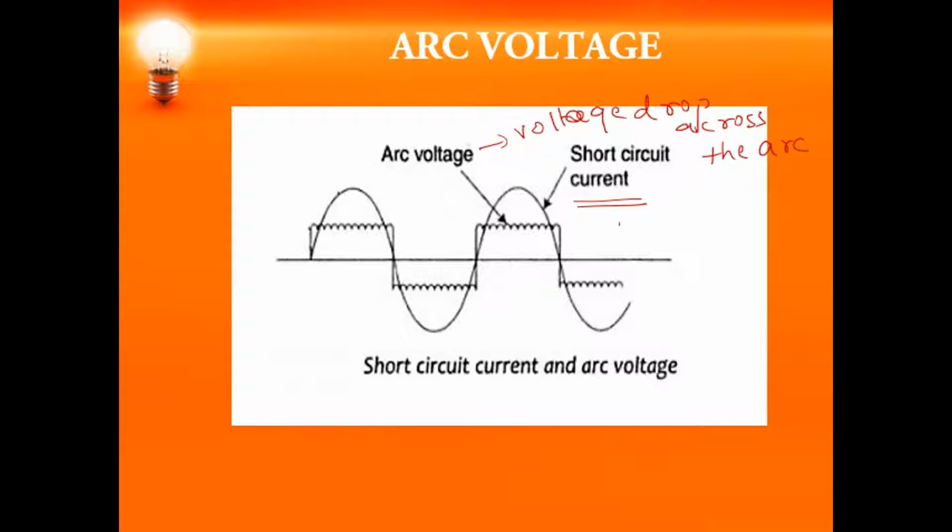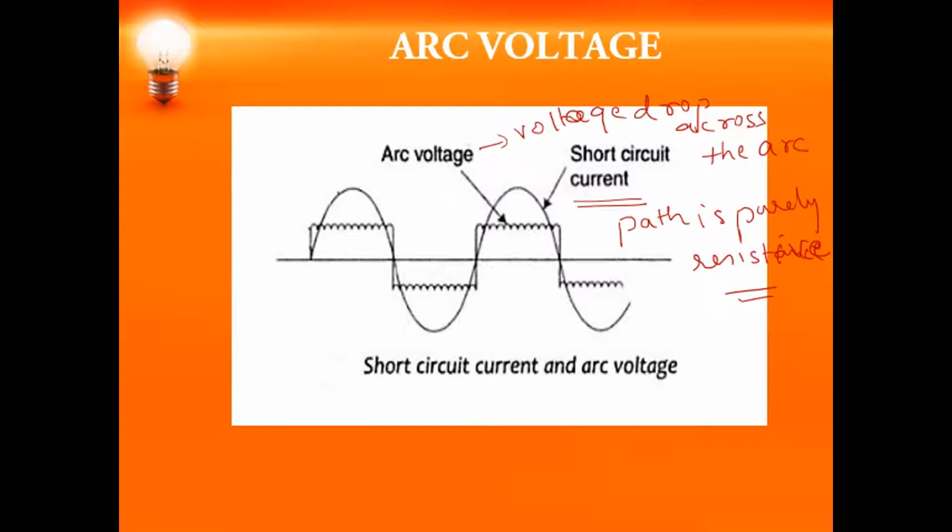That means to say the path is purely resistive. That is, the area between the contacts is purely resistive. So you can see that the arc voltage is in phase with the short circuit current, and the magnitude of the arc voltage will be very low, typically around 3% of the rated voltage.